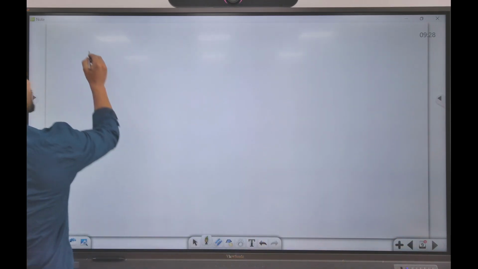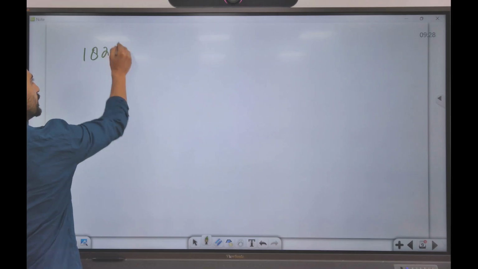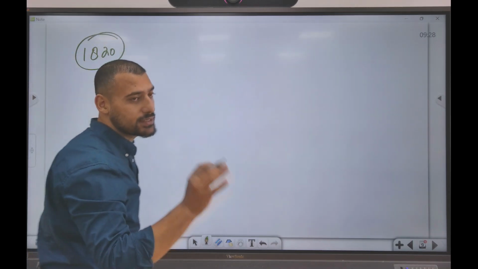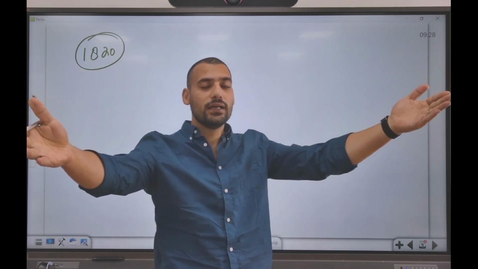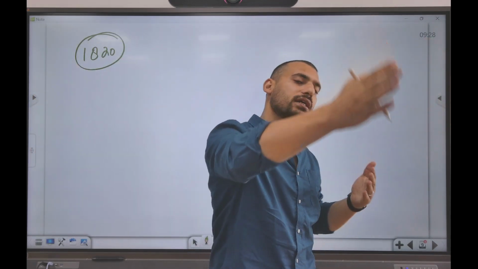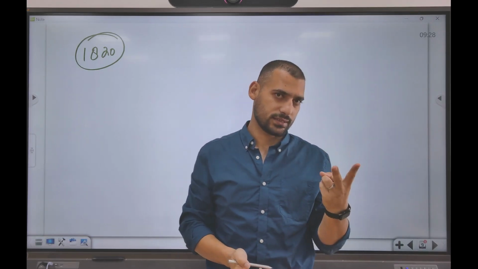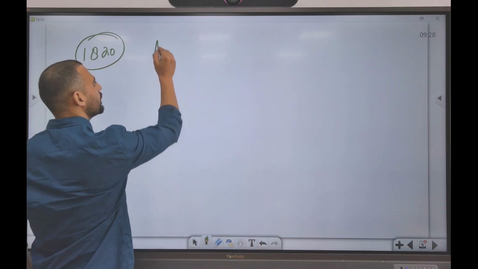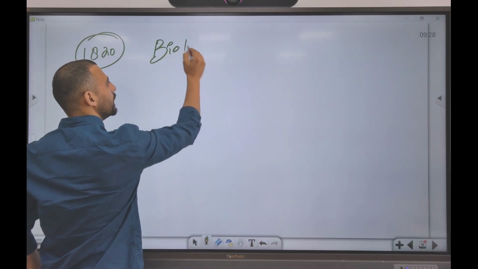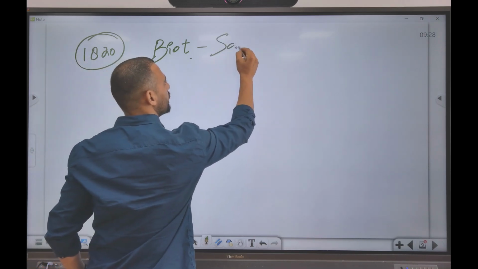In 1820 only. When Hans Christian Ørsted told the world that when current flows in conductors, magnetic field is generated, there were two scientists. One was Biot and the other one was Savart.